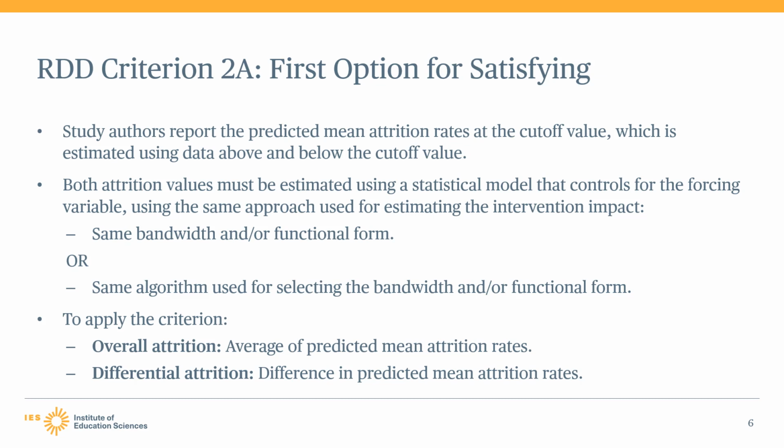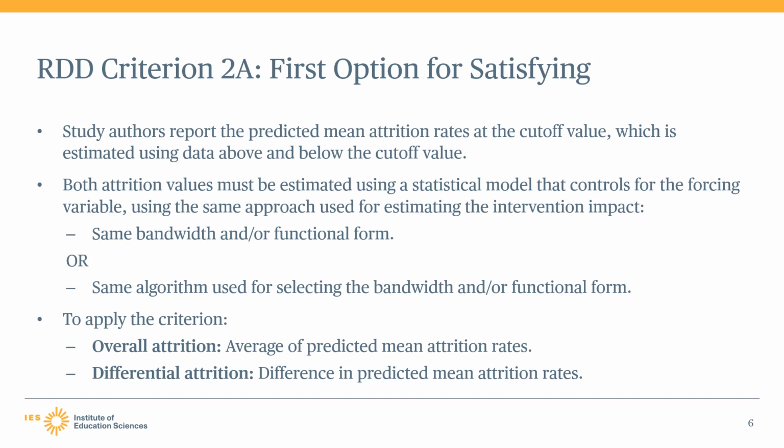More specifically, the impact on attrition must be estimated using exactly the same bandwidth and/or functional form that was used to estimate the impact on the outcome, or the impact on attrition must be estimated using the same algorithm for selecting the bandwidth and/or functional form used to estimate the impact on the outcome.